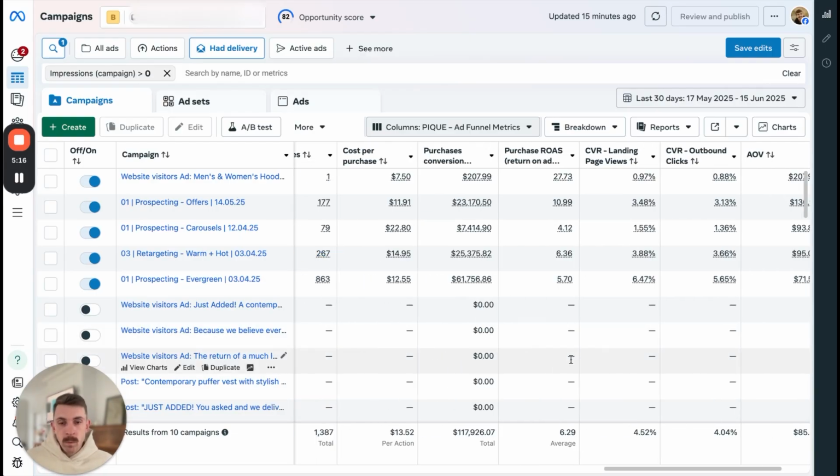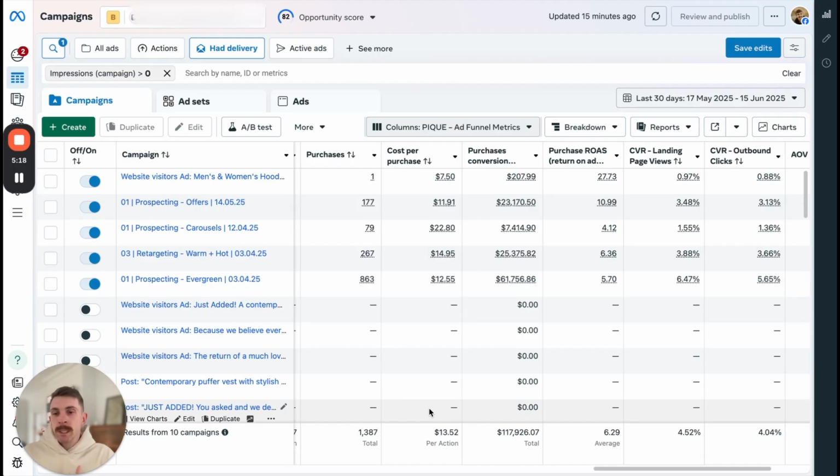And what has guided us through this process is our maximum customer acquisition cost, our Max CAC, right? Because basically I want to ensure that while I'm spending money on ads, it's below our Max CAC, which in this case is only $13.52. So we are much lower than our maximum CAC, which means that this is a really, really profitable ad account.